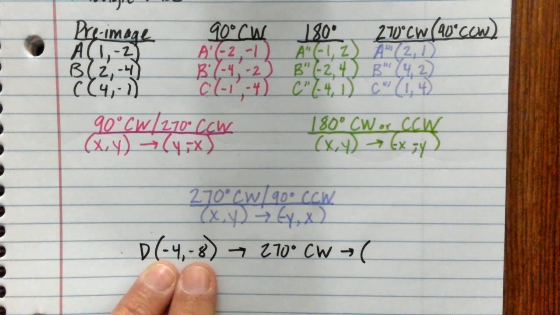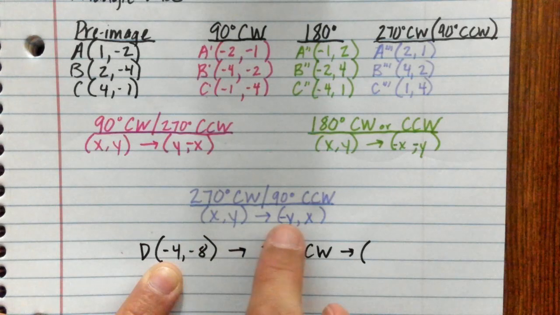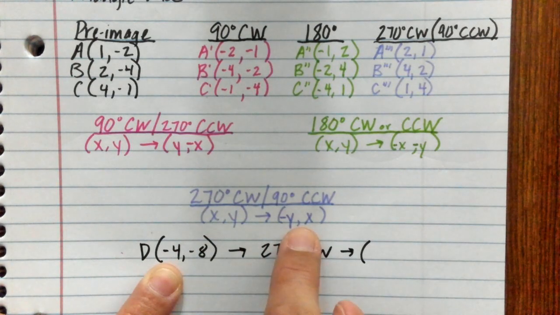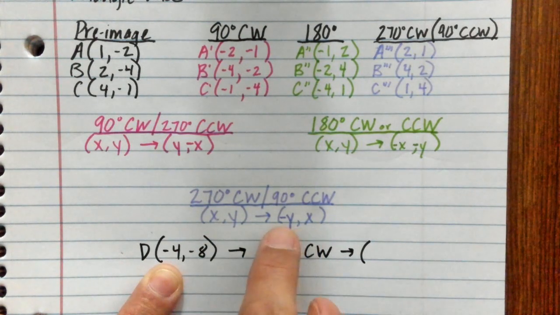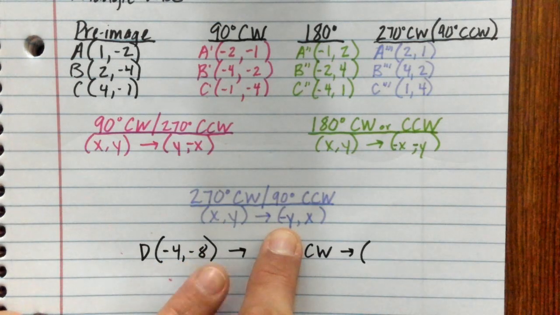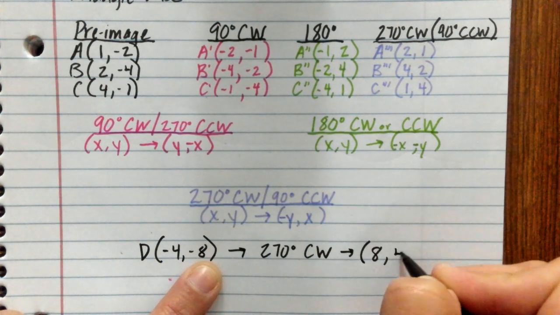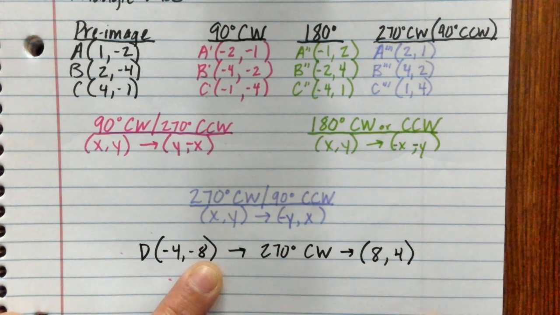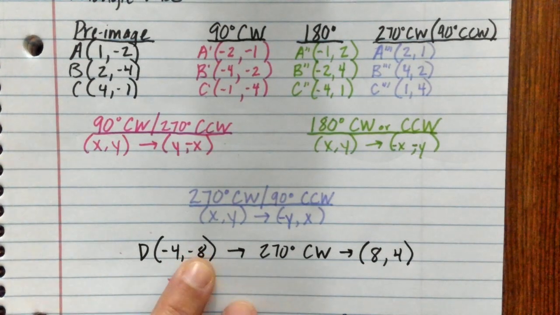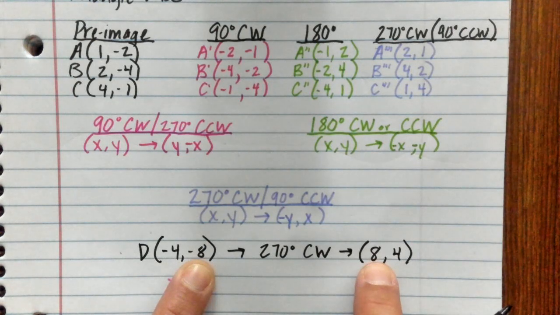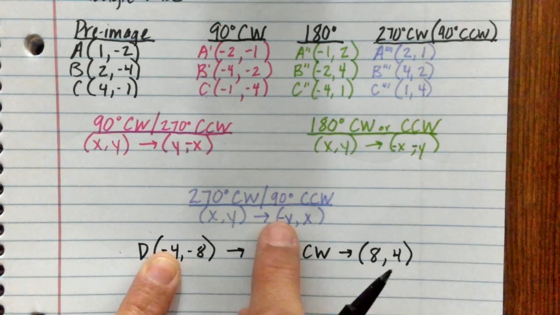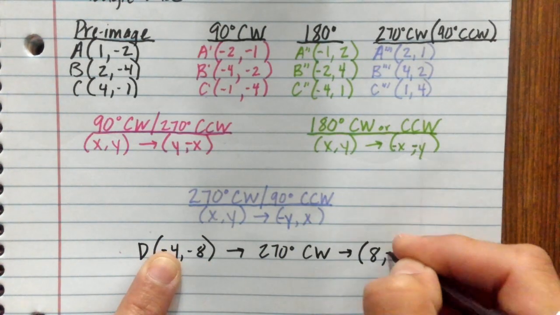Well, it was at (-4, -8), so we look up here and say, okay, what happened? First, we're going to switch the numbers, and then which one's going to change signs? The y. So what I normally do is I just put the numbers first without negatives or anything, look over here and say, okay, the y changed to a positive, so the 8's going to stay positive, but the x does not change. So we're going to leave that as a -4.